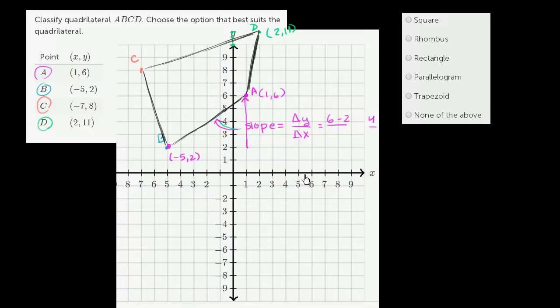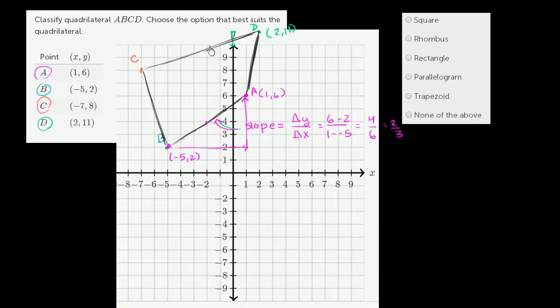What's our change in x? We go from -5 to 1, so we increased by 6. Another way of thinking about it, 1 minus -5 is equal to 6. So our slope here is 2/3. Every time we move 3 in the x direction, we go up 2 in the y direction.